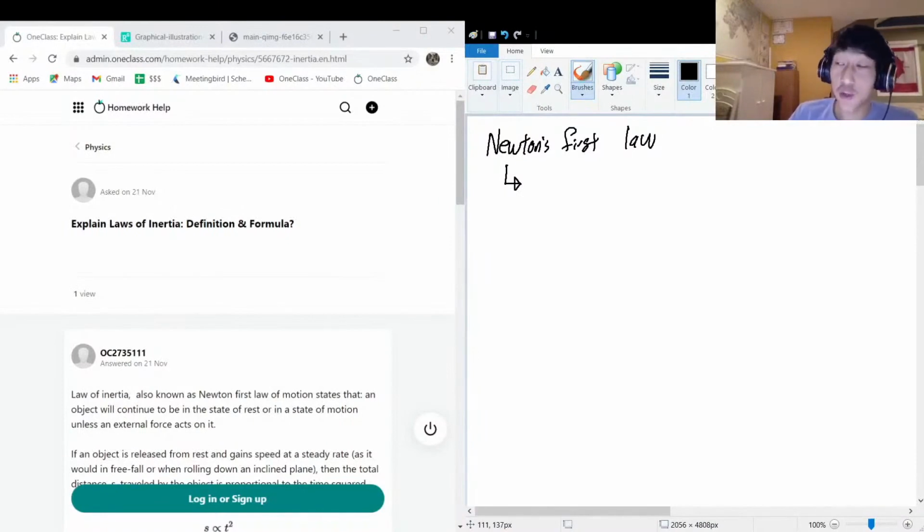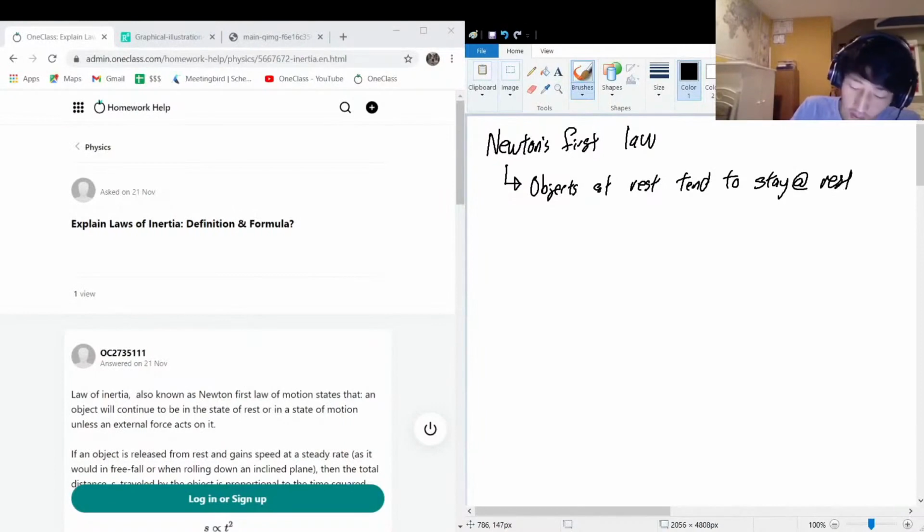So what Newton's first law basically states is that objects at rest tend to stay at rest. Objects in motion tend to stay in motion.